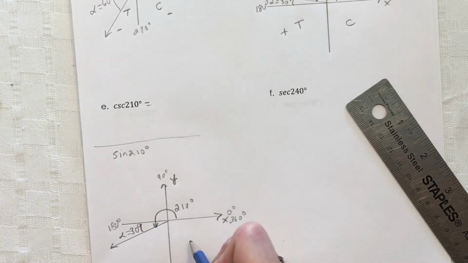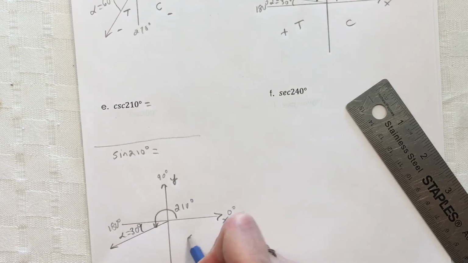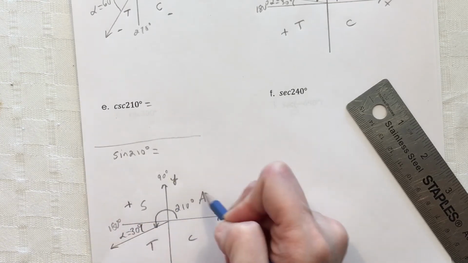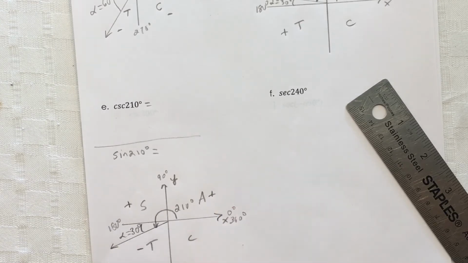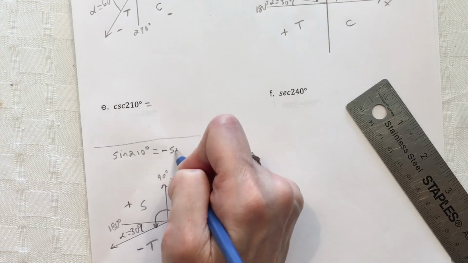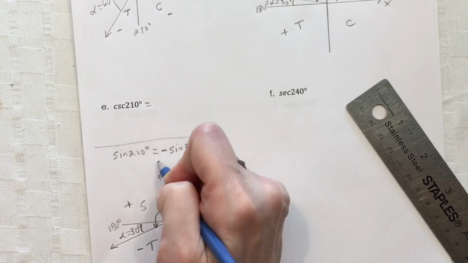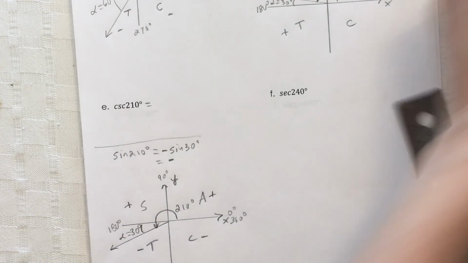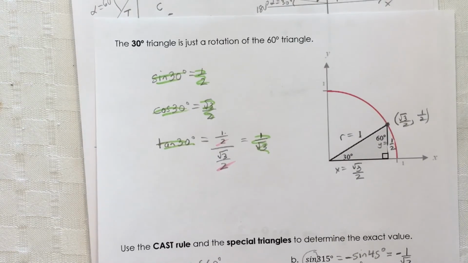Okay, and then we're looking at sine right now. So according to the CAST rule, sine is positive here and here, and negative in the third quadrant where we're looking at. So sine of 210 is going to be negative sine of 30, which is negative, and then the sine of 30 is a half.